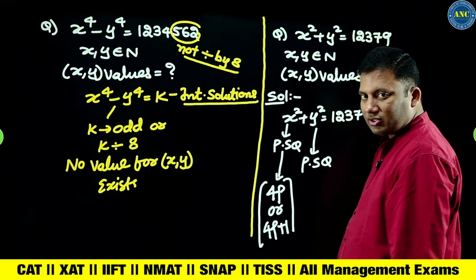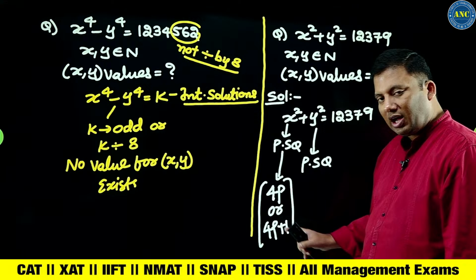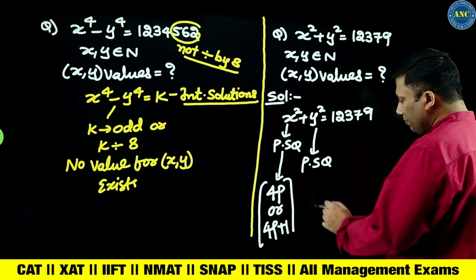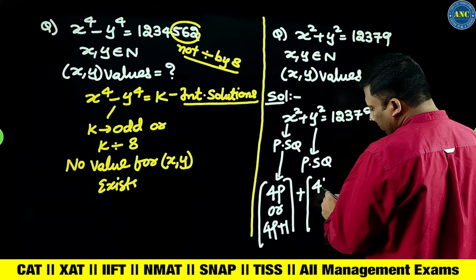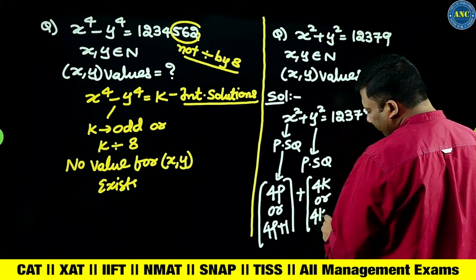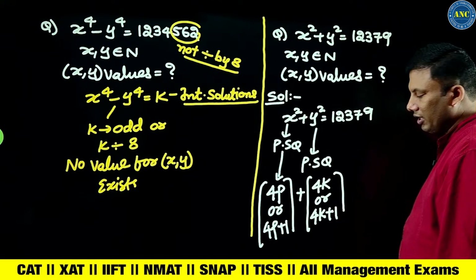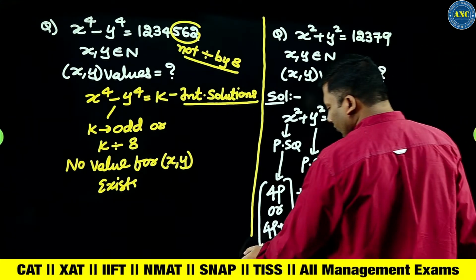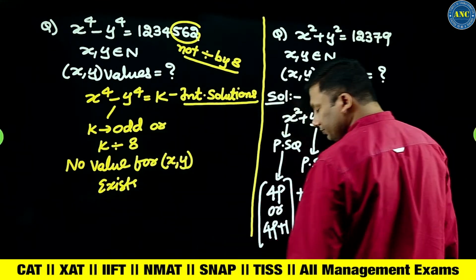Same for y square: it is either perfectly divisible or gives a remainder 1. Idea clear?